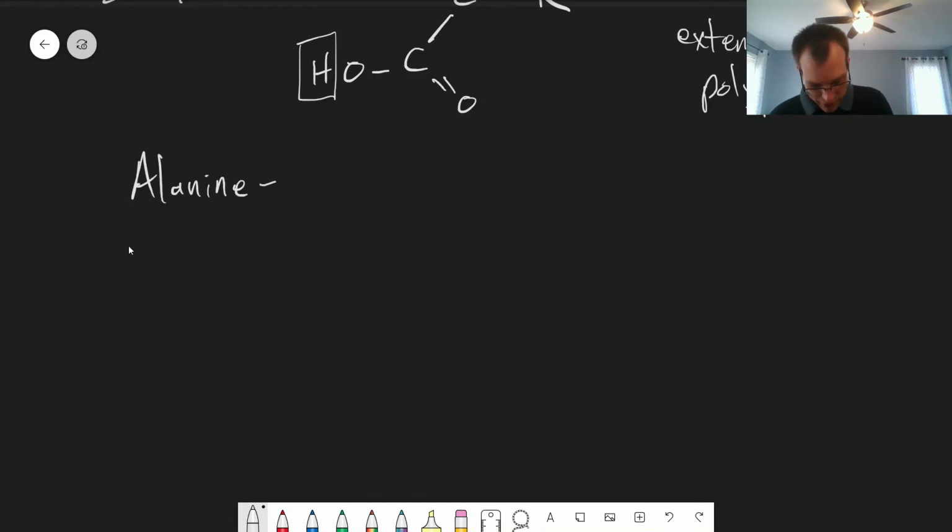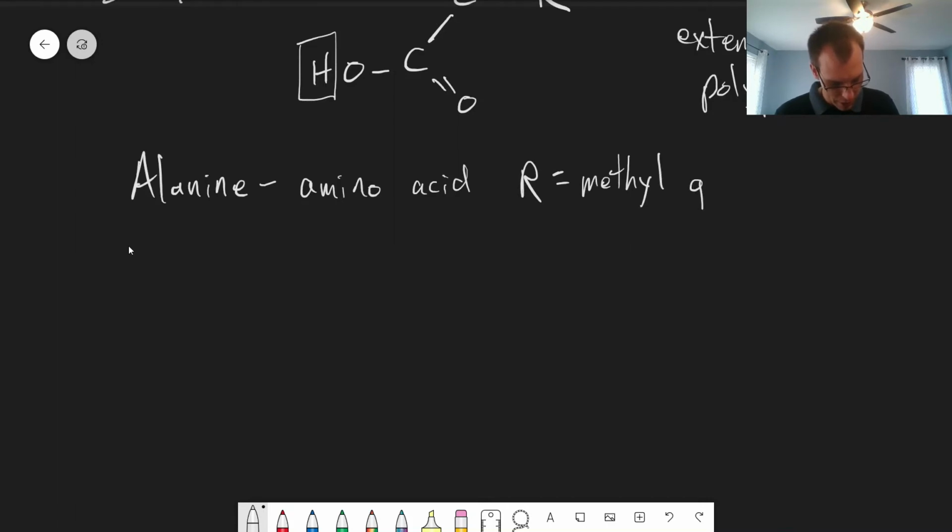Alanine is an amino acid, specifically one where the R, the side group, is a methyl group. So we don't have any additional acid or base constituents in that R group. All right, and so we can look up for alanine what are the Ka values for the two different protons.